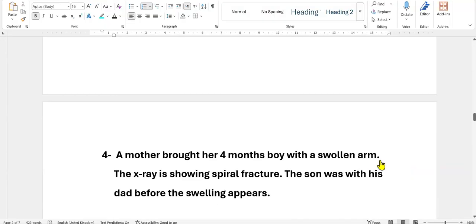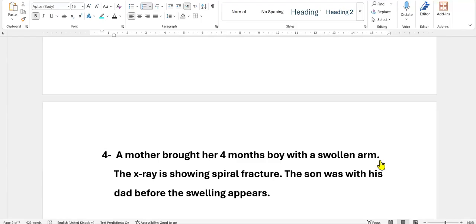This type of fracture, to be honest, is unusual in this age group. It's like his arm is twisted. For that, we will need to do some actions, and they are very routine in these situations. The first one is involving the orthopedic team to fix that fracture. The second one is involving the children safeguarding team.